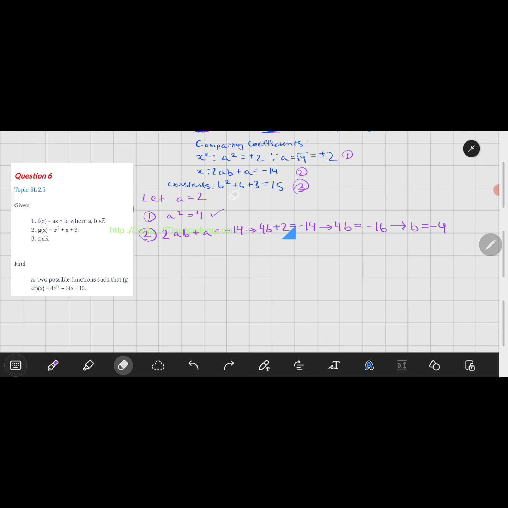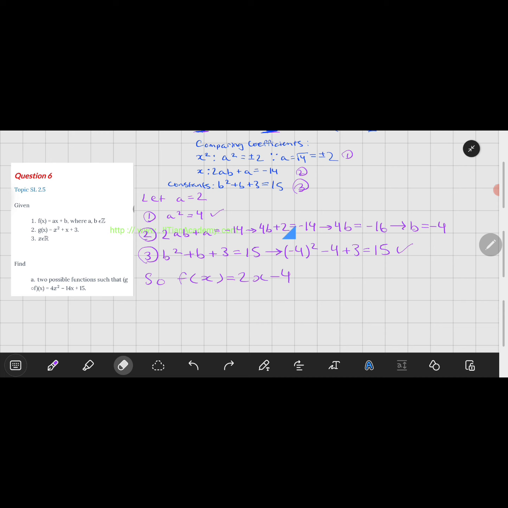Now that we have a and b, we can evaluate our final condition. Where b squared plus b plus 3 is equal to 15, we substitute b into our equation, and we see that negative 4 squared minus 4 plus 3 is indeed 15. So this is one scenario where our equation is satisfied, where a is equal to positive 2 and b is equal to negative 4. So f(x) is equal to 2x minus 4.